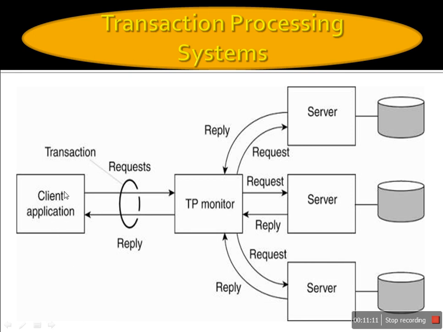The client application makes a request to the transaction processing monitor, and it then requests server 1, server 2, server 3, and these servers are connected to their respective databases. Each server then replies, and the TP monitor returns the replies collectively to the client application.